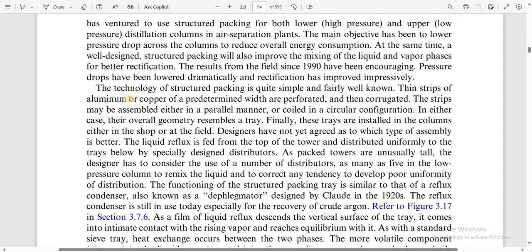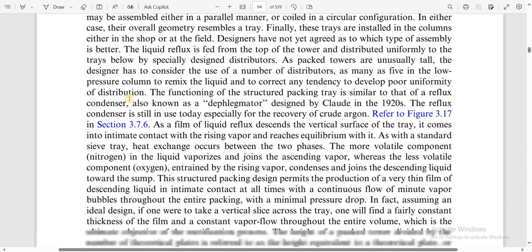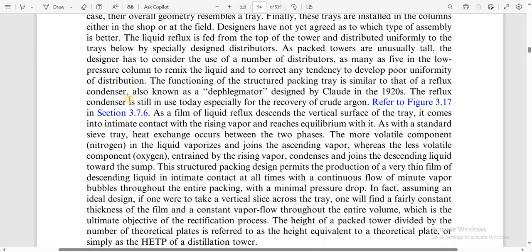The liquid reflux is fed from the top of the tower and distributed uniformly to the trays below by specially designed distributors. As packed towers are unusually tall, the designer has considered the use of a number of distributors, as many as 5 in the lower pressure column, to remix the liquid and to correct any tendency to develop poor uniformity of distribution.